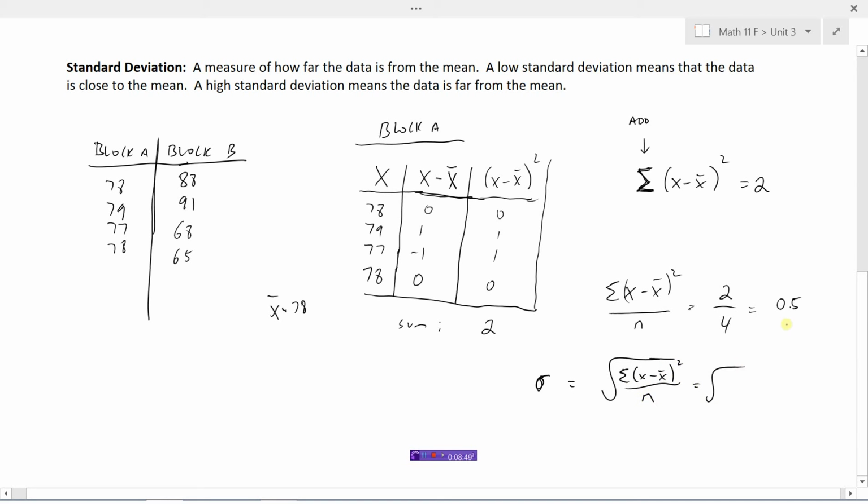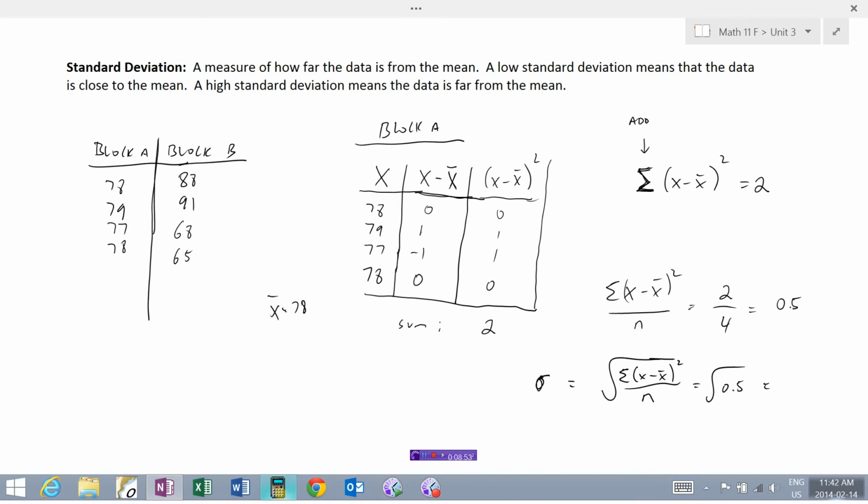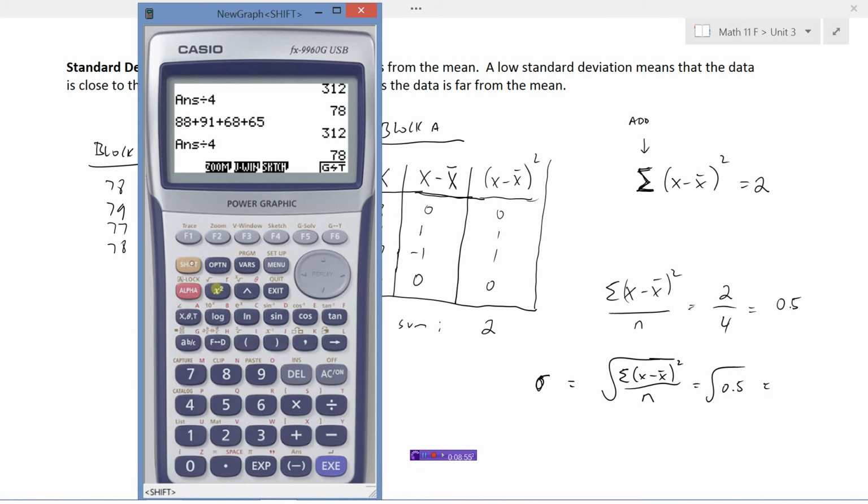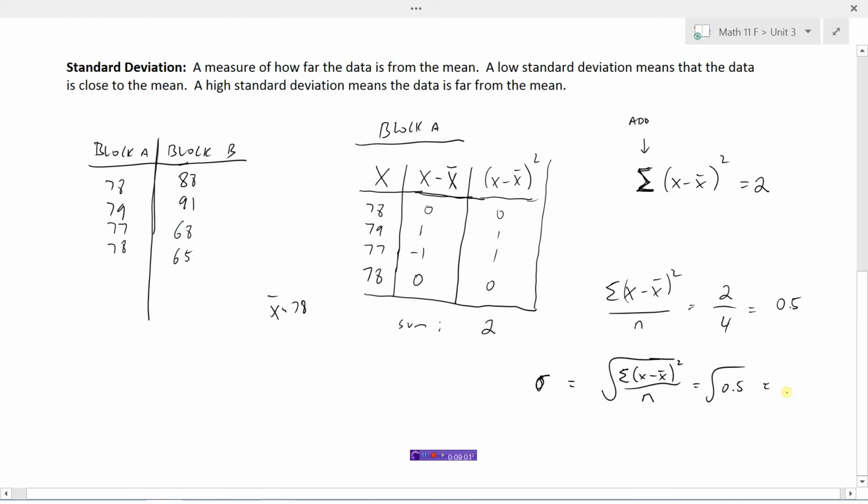So this would be the square root of 0.5, which is 0.707. We'll go to 2 decimal places. So 0.71 would be the standard deviation for class A.